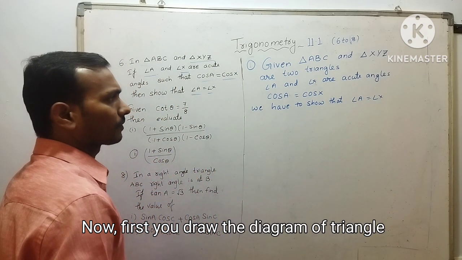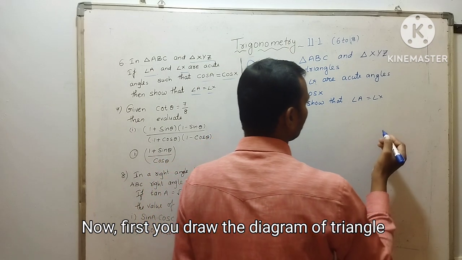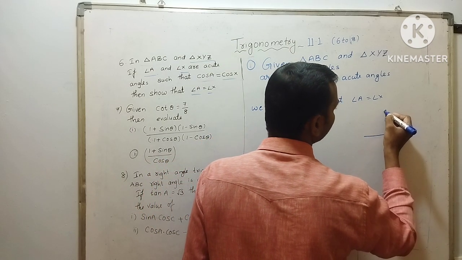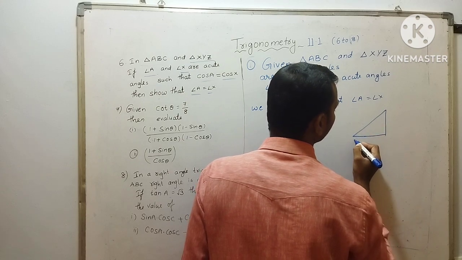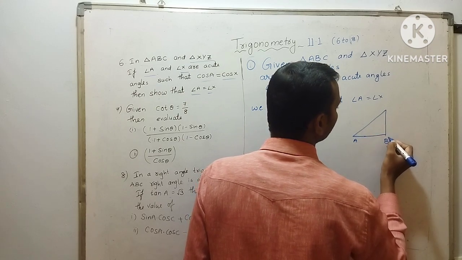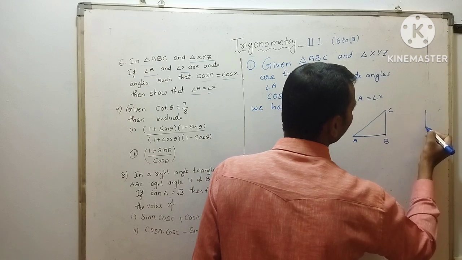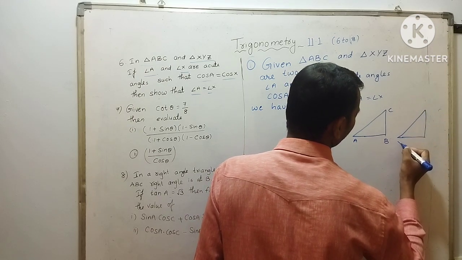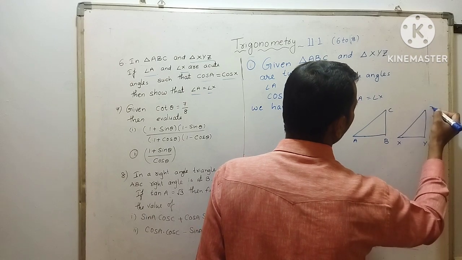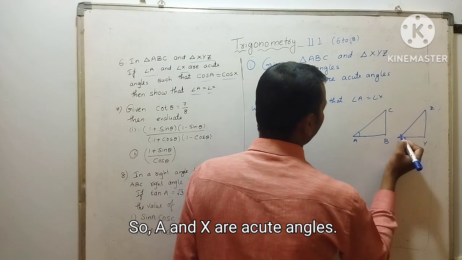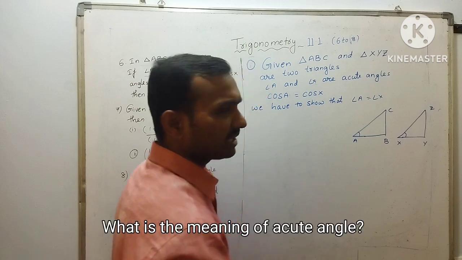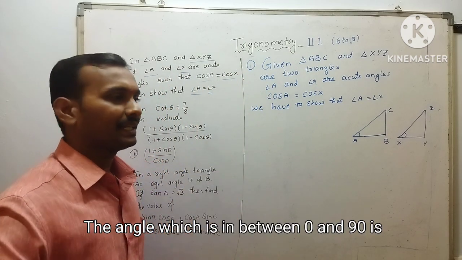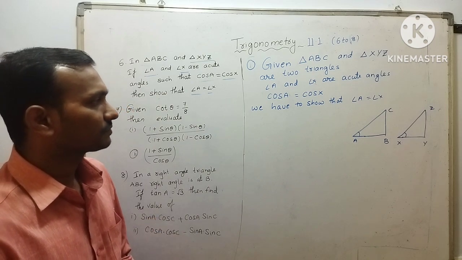Now, first you draw the rough diagram of triangle ABC and triangle XYZ. So A and X are acute angles. What is the meaning of acute angle? The angle which is in between 0 and 90 is called an acute angle.